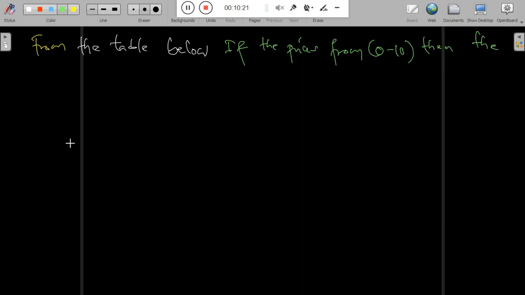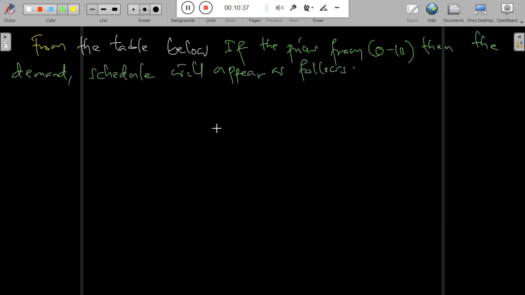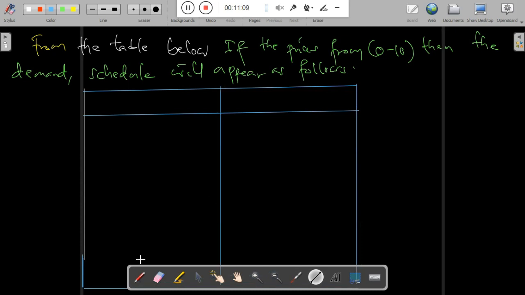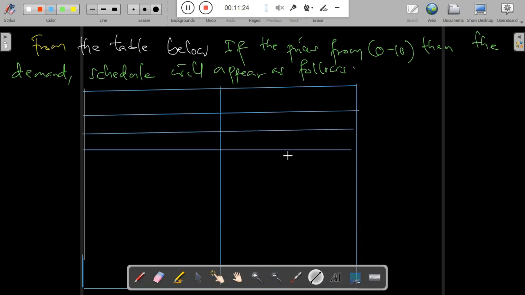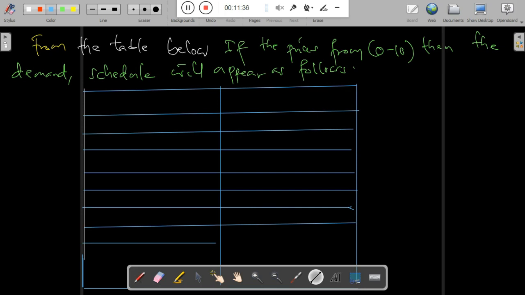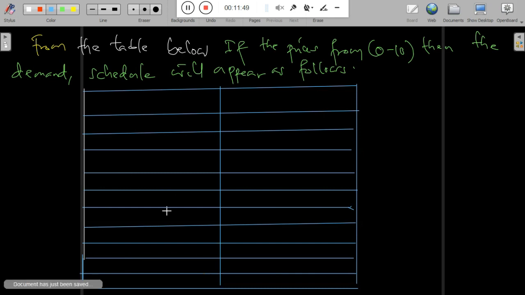So if the price ranges from 0 to 10, the demand schedule will appear in the following table. We have the quantity demanded on the left hand side, and you have the price.